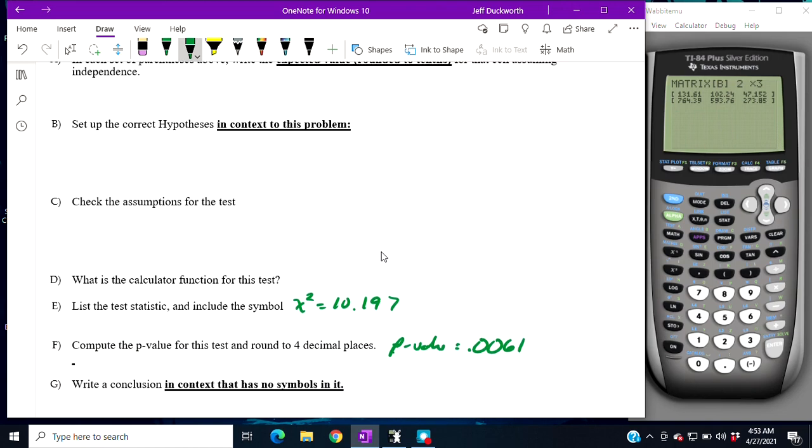Part B wants to set up the hypothesis. All right, our null. Again, we're talking about independence versus dependence. The null is always the independent.